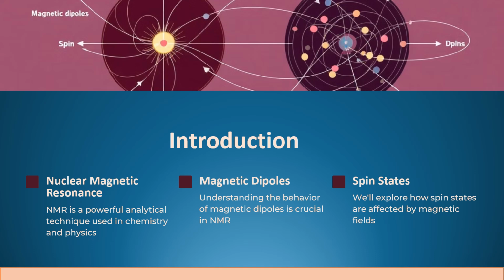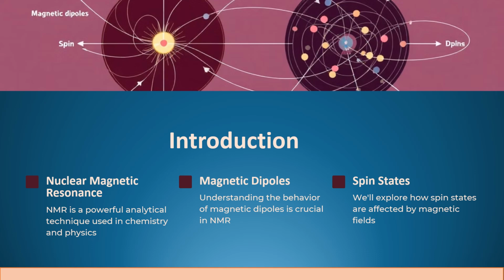The concept of spin is fundamental to NMR. Spin refers to the intrinsic angular momentum of atomic nuclei. In the context of NMR, we focus on how the spin states of nuclei are affected by external magnetic fields. The nuclei can adopt different spin states, with each state corresponding to a different energy level.